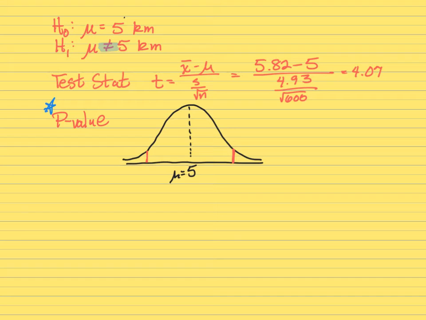So what we actually have is two symmetrically placed cutoff points. Our t-score is right here, and its opposite is right there.